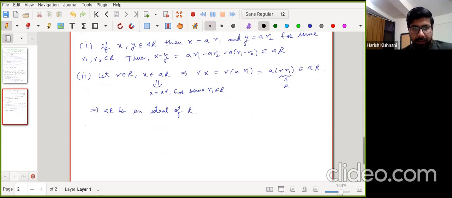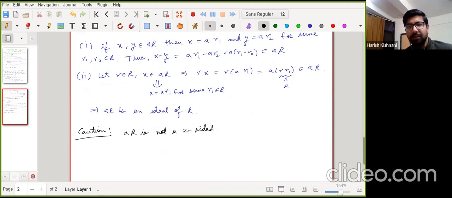This is just as a caution I am going to write: AR is not a two-sided ideal. If you are in commutative setup, then you can definitely omit this word two-sided, because any ideal is two-sided. But if you're not in commutative setup, then you have to use this word.